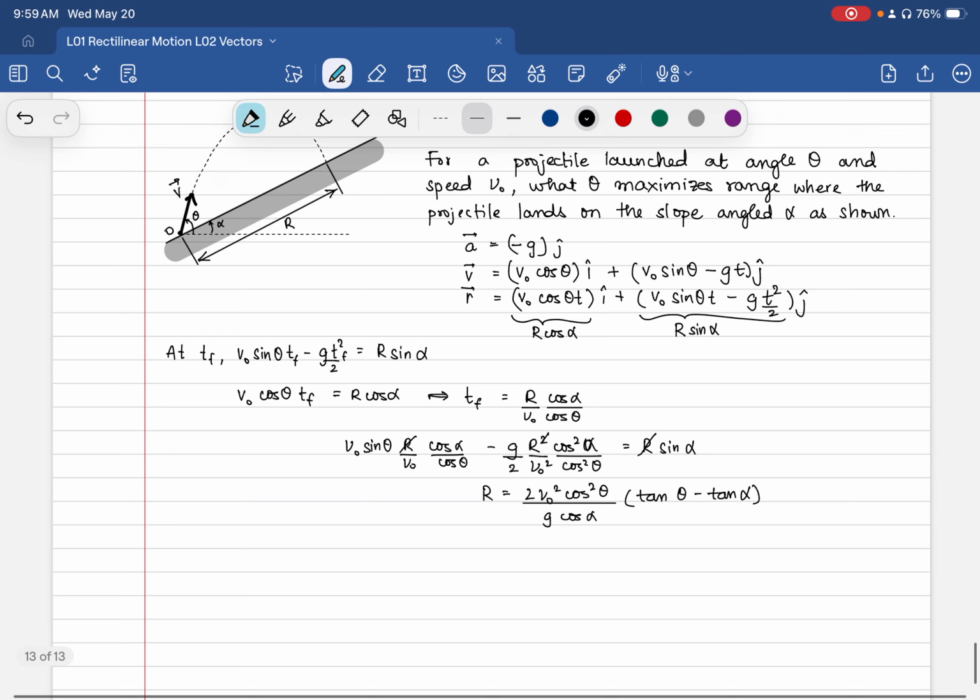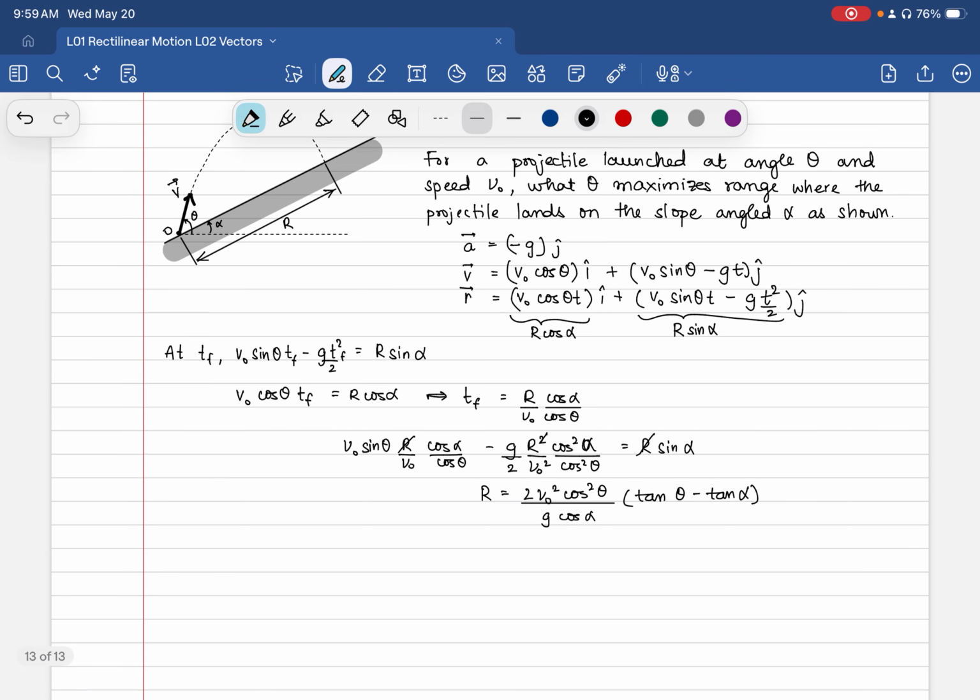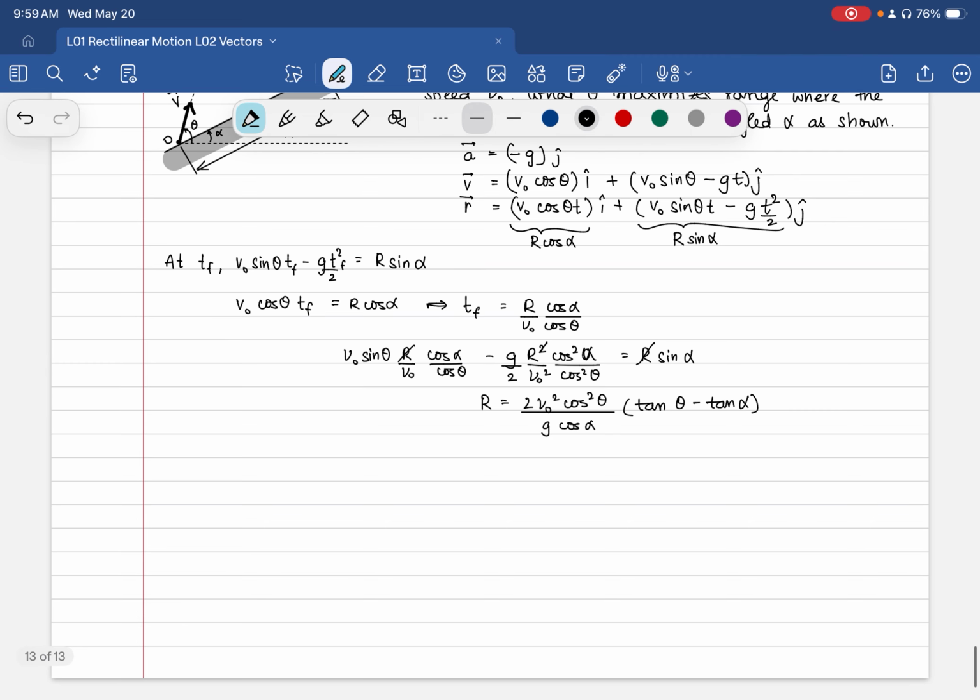Again, are we done? We're looking for what theta maximizes the range. So in this case, again, we have to do dR d theta is equal to 0. I'll leave this to you as a challenge to solve. I'll give you the answer.